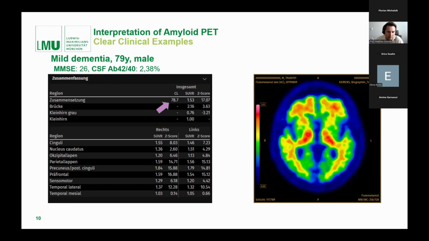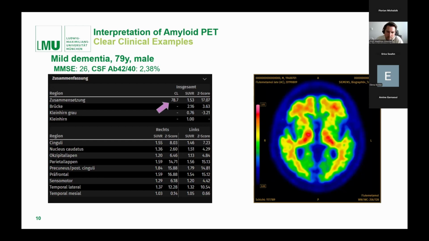But I just wanted to show you one example where I was personally a little bit surprised by the high centiloid value. So here it's 78.7. And if you look at the scan, not all regions are clearly positive. In the frontal lobe, you can assume that the scan shows positivity until the surface of the cortex, but in the temporal lobe, for example, it is clearly negative.